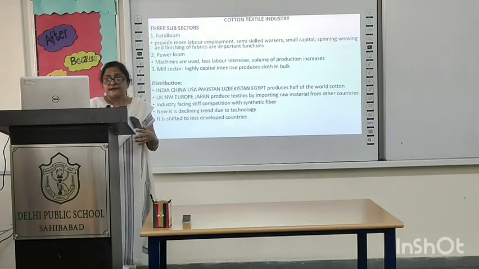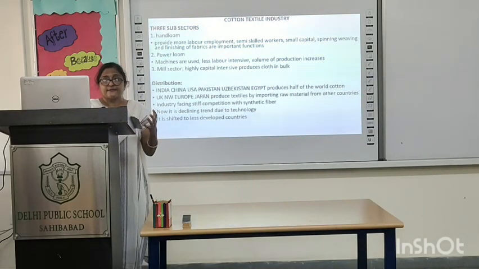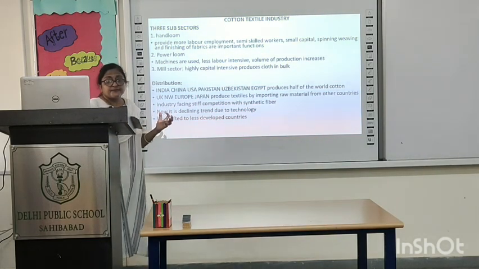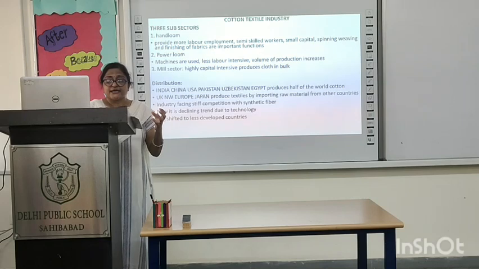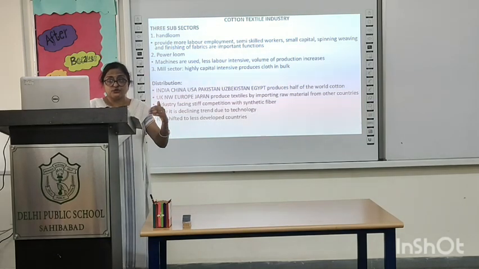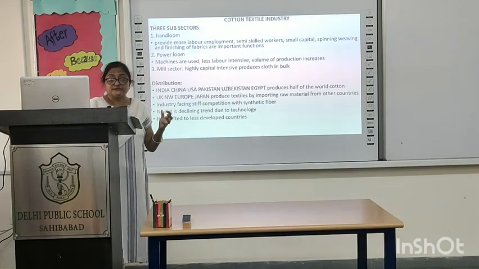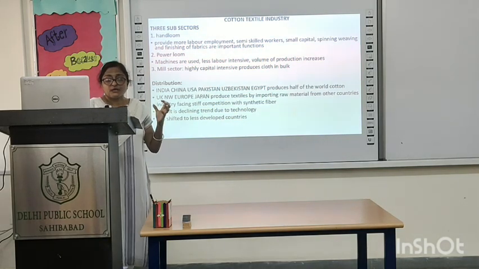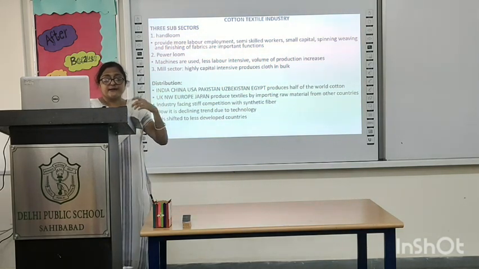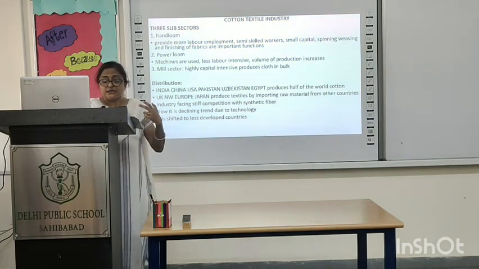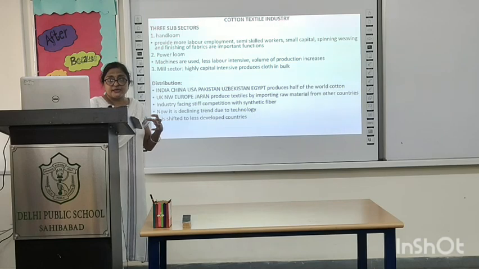Now the last important part is the three subsectors. The cotton textile industry has three subsectors: the handloom, power loom and mill sectors. The handloom sector is labor intensive and provides employment to semi-skilled workers, and it requires a small capital investment.